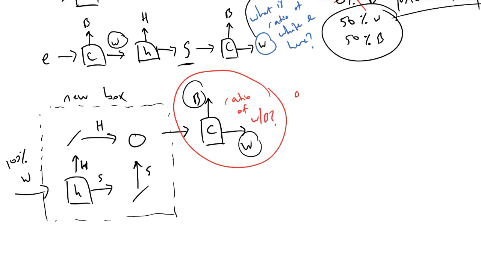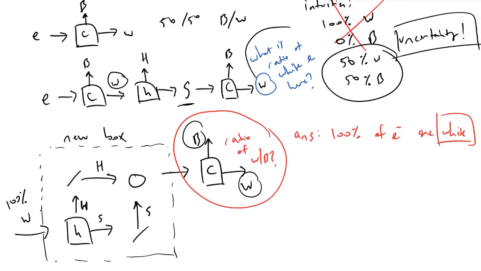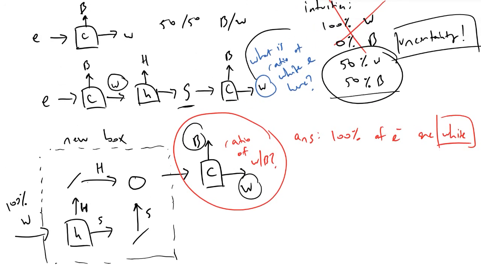And the answer is that 100% of the electrons are white. And the question is, why in this case do we know that 100% of the electrons are white, whereas in the case just above we saw that 50-50 split?